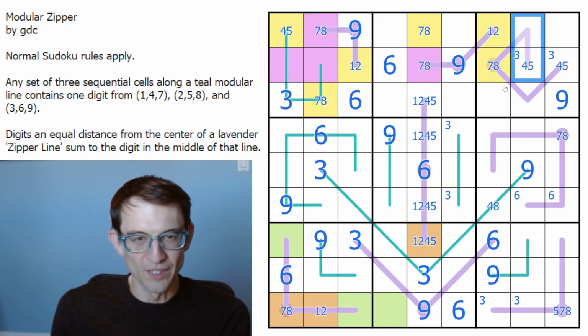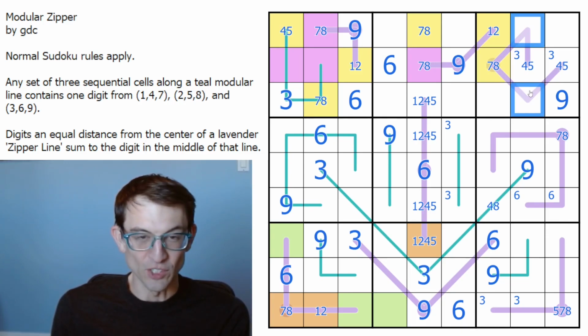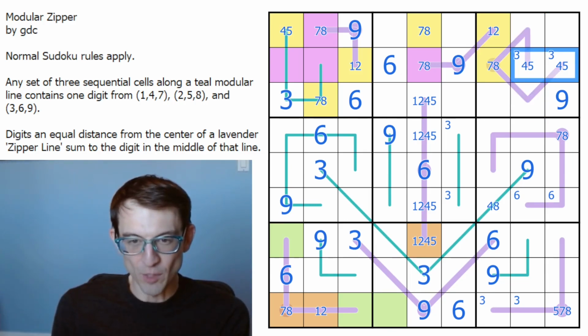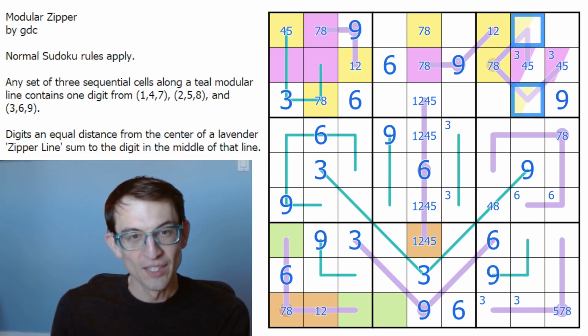So this zipper. So I've got, one of these is 3. So one of these is yellow, actually. One of these is the yellow 4 or 5. Right, so this is 3 and then the purple 4 or 5. One of these is the yellow 4 or 5, which will have to go with, wait, did I do that right?